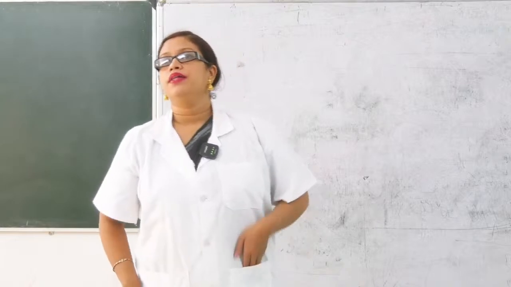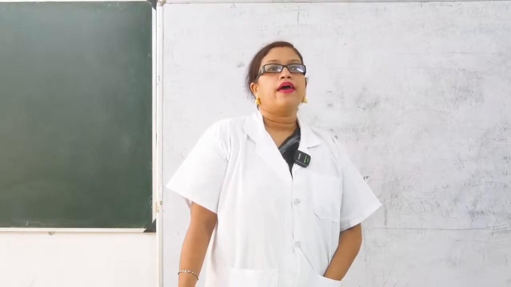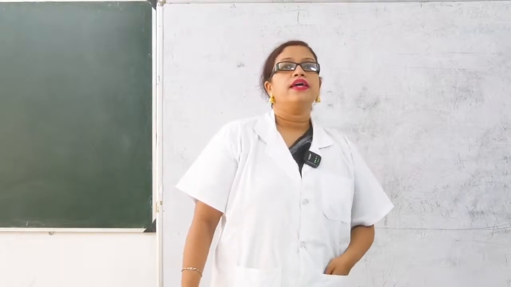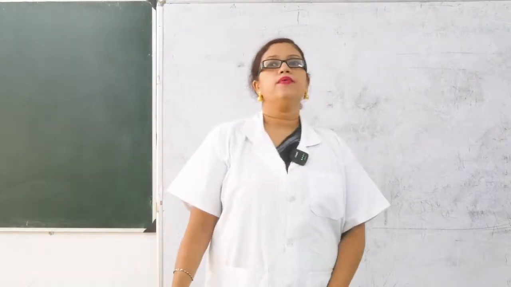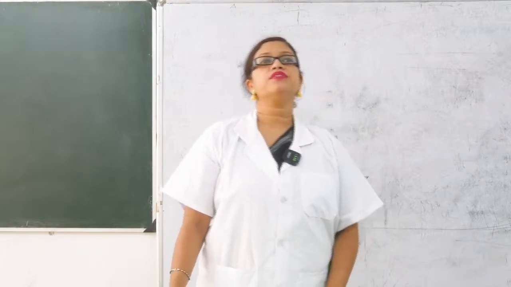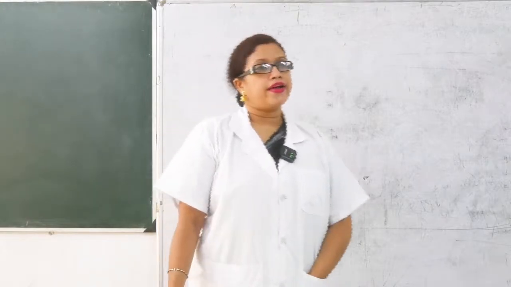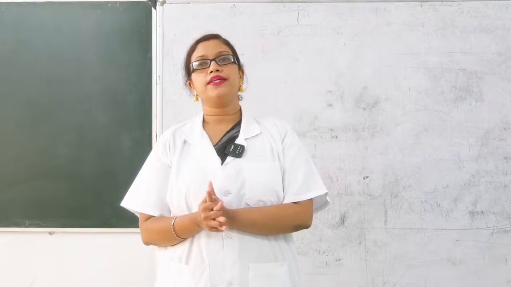So write it down: the whole brain parenchyma has got invaginations, or sulci, and evaginations, that is the gyri, to provide surface area to the brain parenchyma.